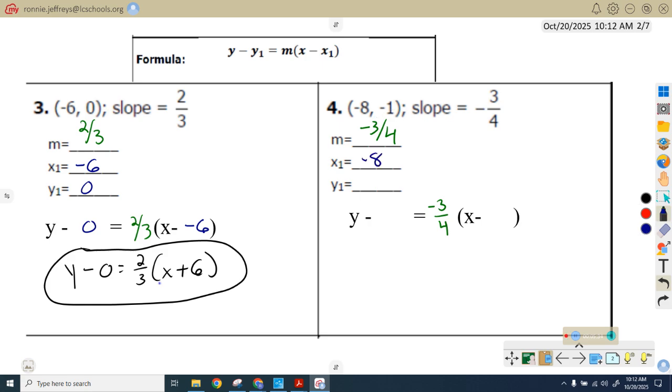x1 negative 8 goes here. Negative 1 goes here. All right. Same thing. We would have to clean this up. So instead of y minus negative 1, this becomes y plus 1. Negative 3 over 4 stays there. And x plus 8.